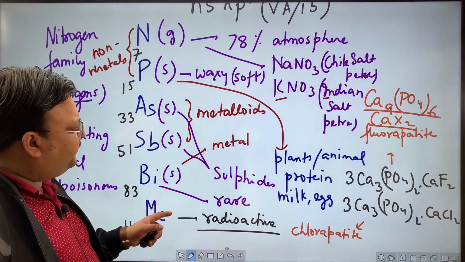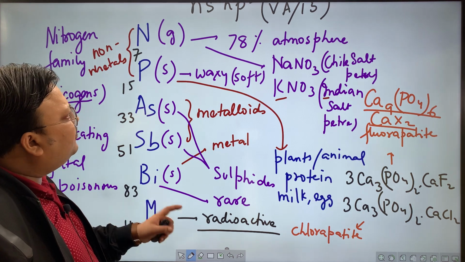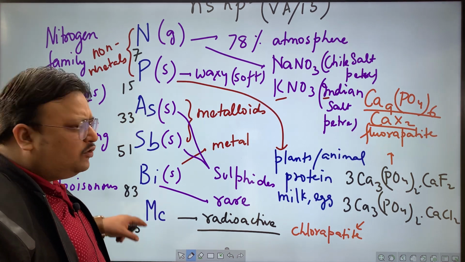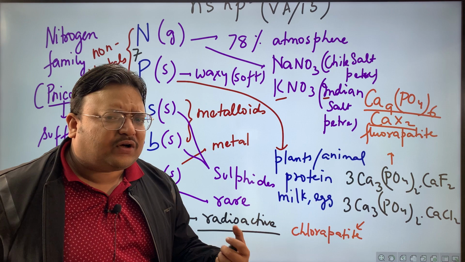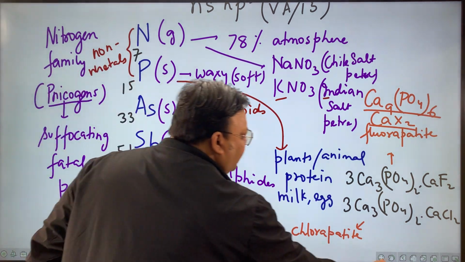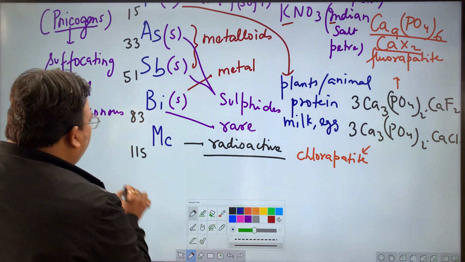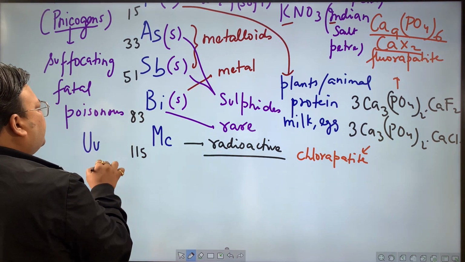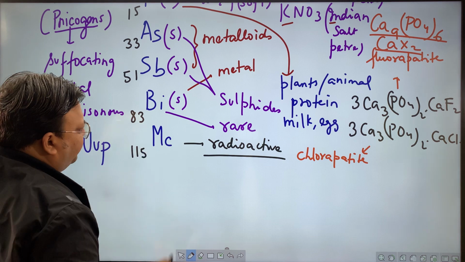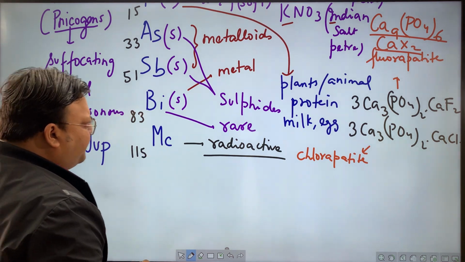So naturally a lot of information about moscovium is not known. The name moscovium is going to feature in a few textbooks. In the past, according to the IUPAC nomenclature for all these elements, you had a name UUP, ununpentium. But now the name is moscovium.